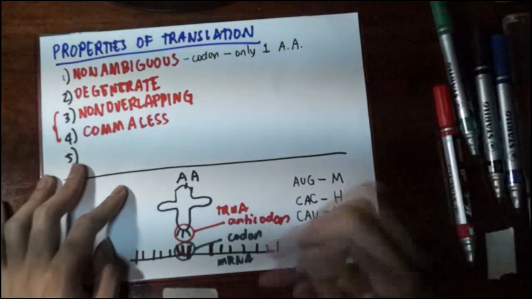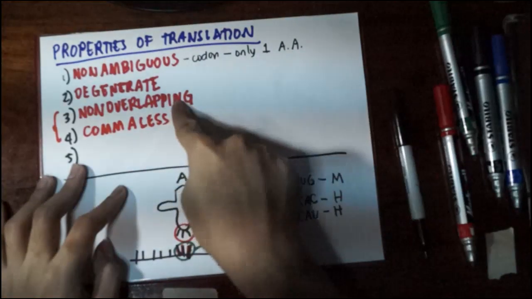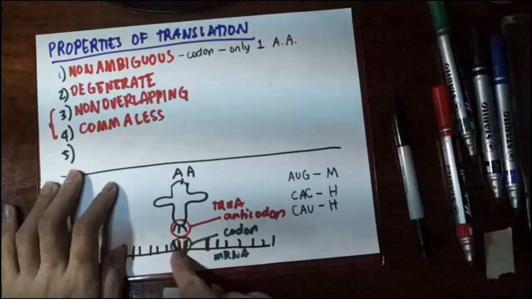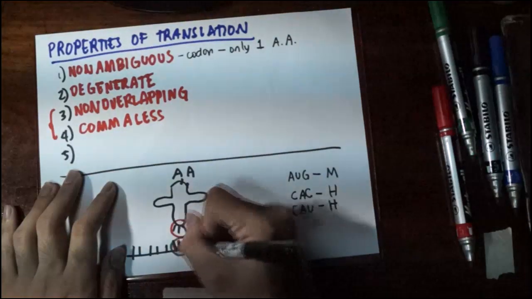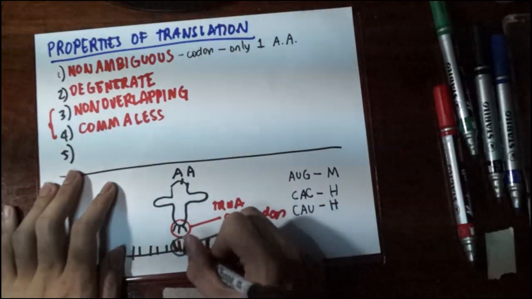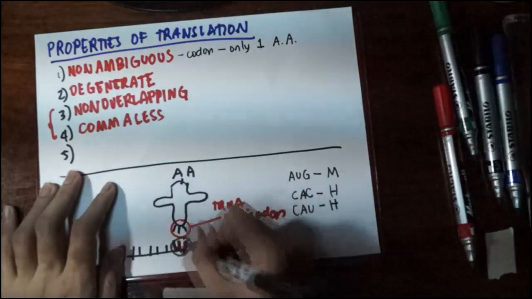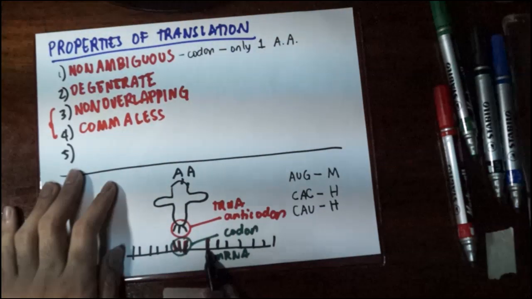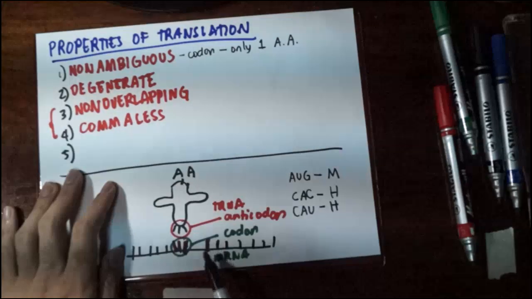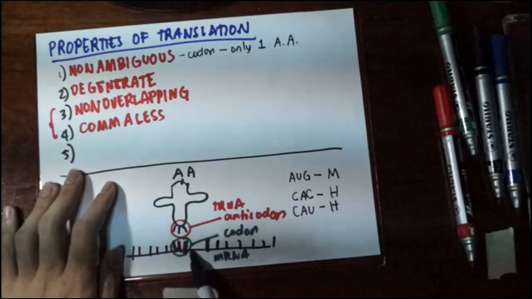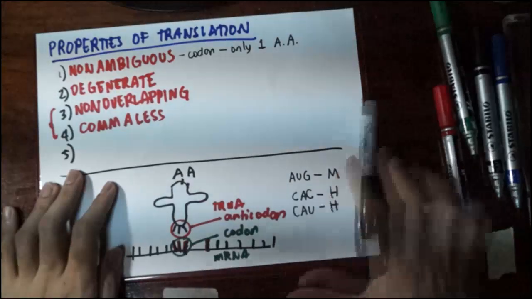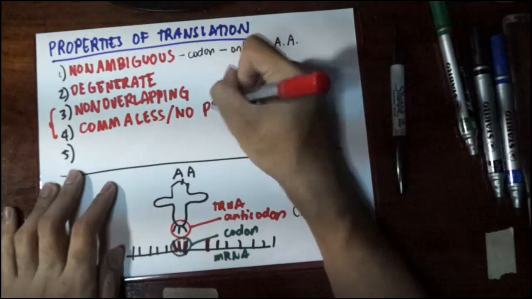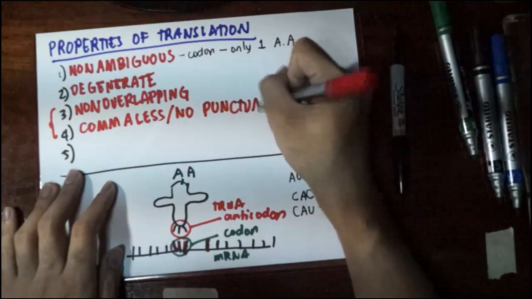As well as commaless. If here we're talking about overlapping, here we're talking about gaps. For example, I have 1, 2, 3. I cannot start with 1, skipping this nucleotide. I must go from 1, 2, 3, then this is 1. You cannot skip that, or you cannot put a comma on the code, because this one should be read straight. That's why this one is also termed as no punctuation.